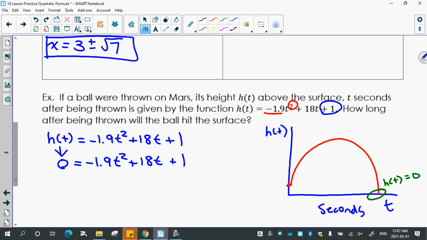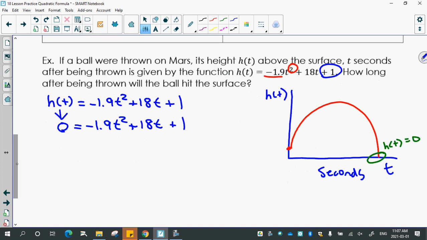So even though it's not x and it's t, can I use the quadratic formula? Yep. Do I have to rearrange anything to use it, or can I just say what a, b, and c are right now? I can say what they are right now. If you prefer to have it on the left, you can just switch the sides.